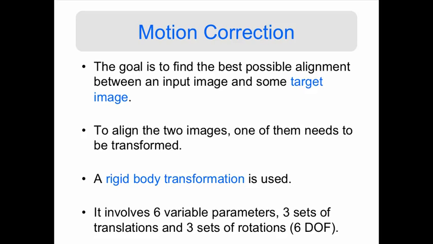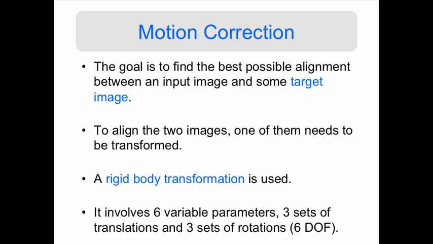And so how do you do that? Well, in motion correction, we typically use what's called a rigid body transformation. And so a rigid body transformation has 6 variable parameters. You can shift the input image in the X, Y, and Z directions, and you can also rotate it in 3 directions, and these are often called pitch, roll, and yaw. So you can rotate them around the 3 axes as well.